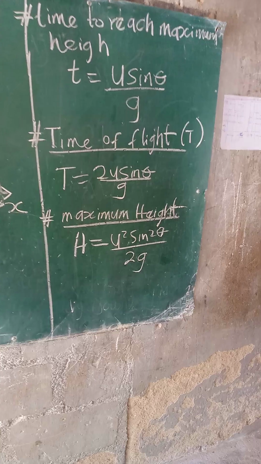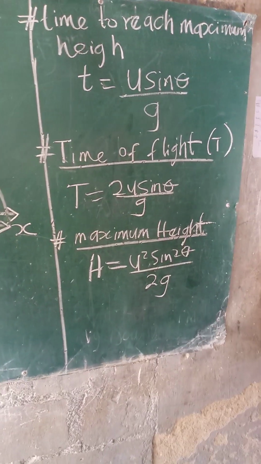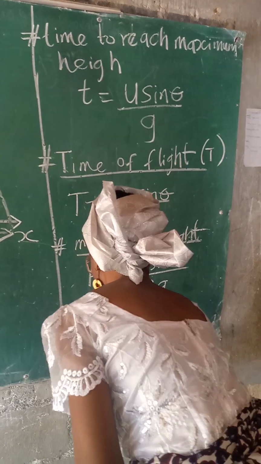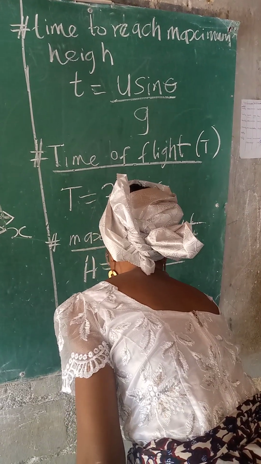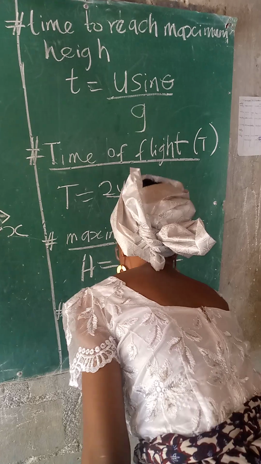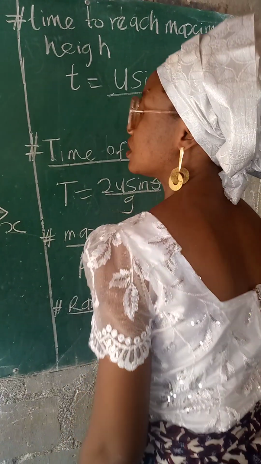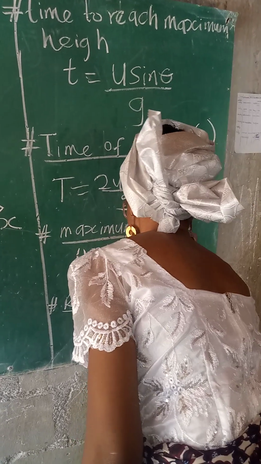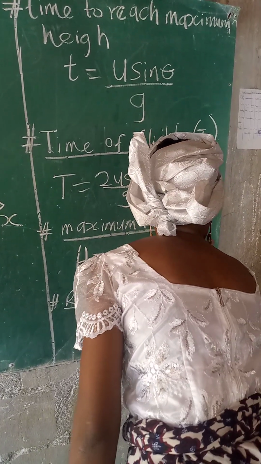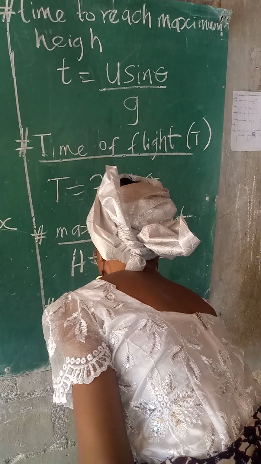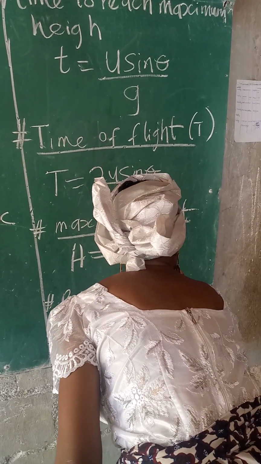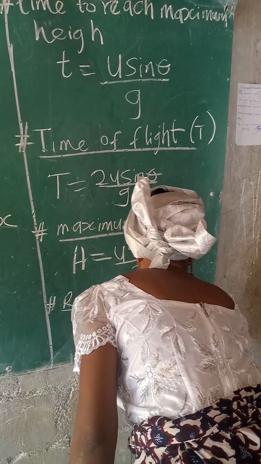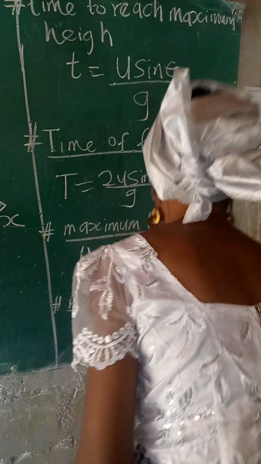Then the next one is range, which is the horizontal distance, denoted with capital letter R. R is equal to U squared sine 2 theta all over g.